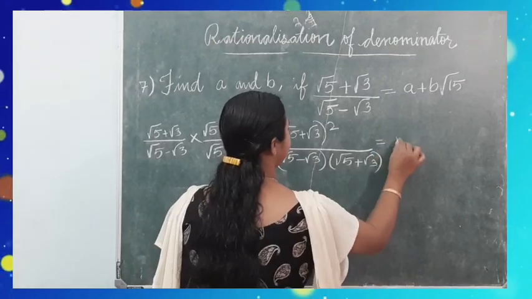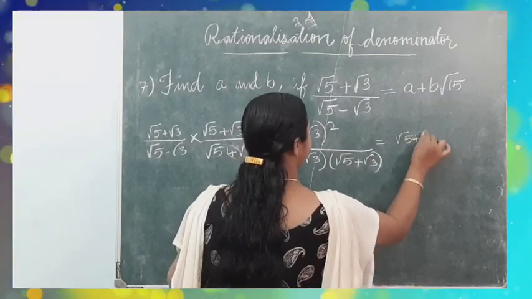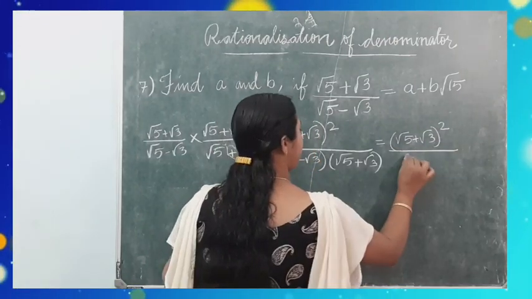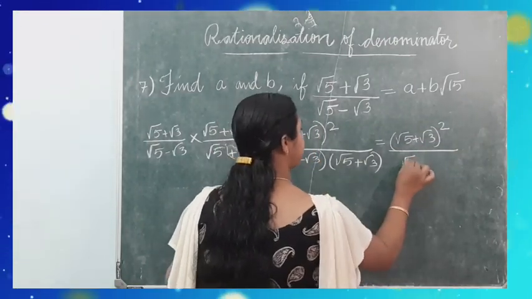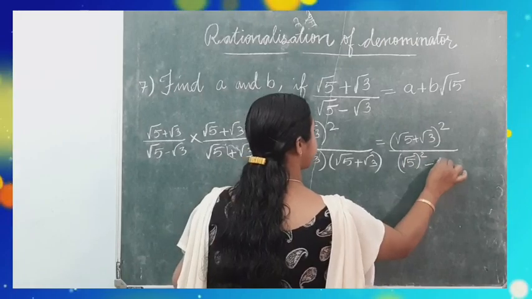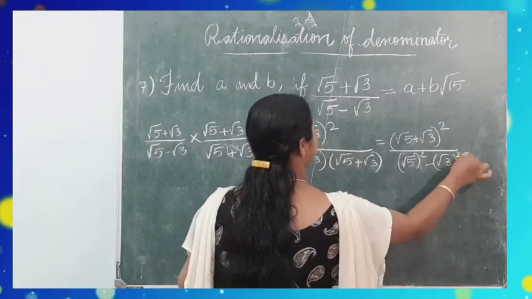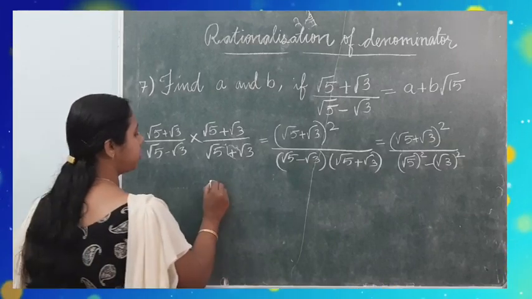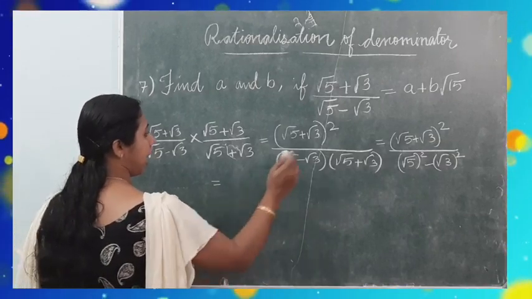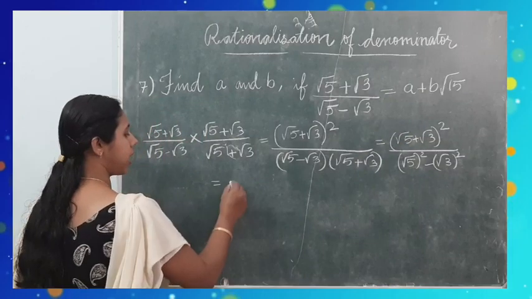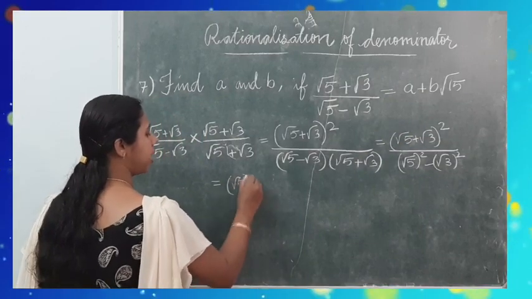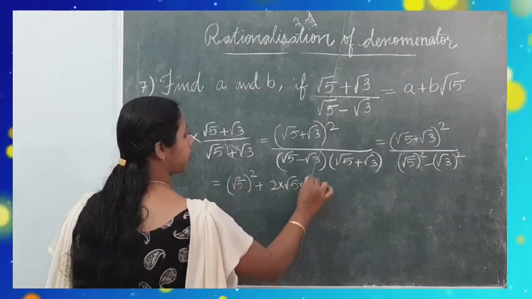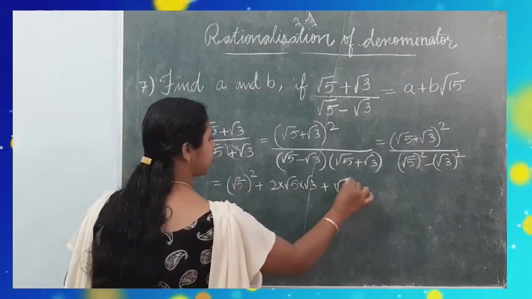Which is equal to root 5 plus root 3 all square divided by a plus b into a minus b, equal to a square minus b square. Or directly you can use the identity, a plus b whole square is equal to a square plus 2ab plus b square.